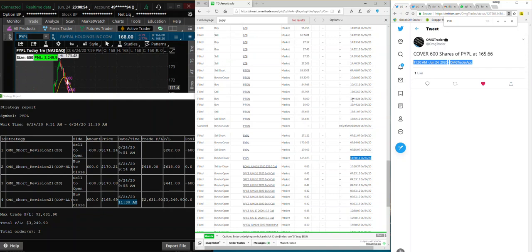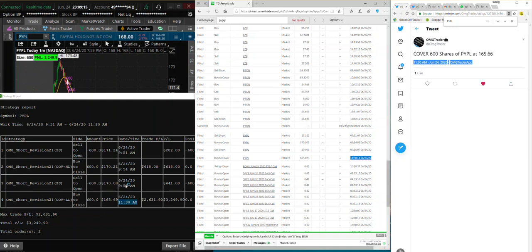This is how my algorithm works. It has a magical way to read the signals out of the Thinkorswim platform and do a trade, and also post it to Twitter so that other people can subscribe later on to this service. That way they get real-time alerts from the algorithms.